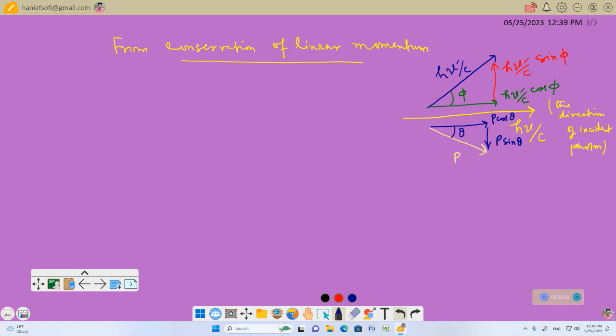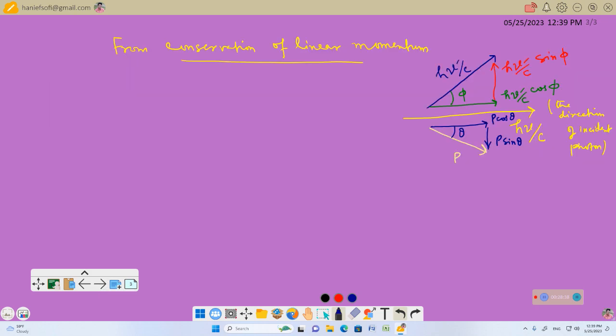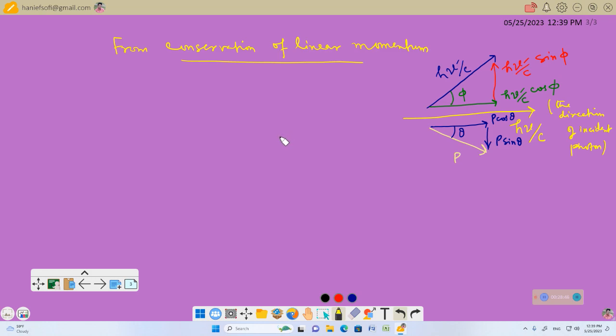Now let me use this conservation of linear momentum. Let me write the equation.